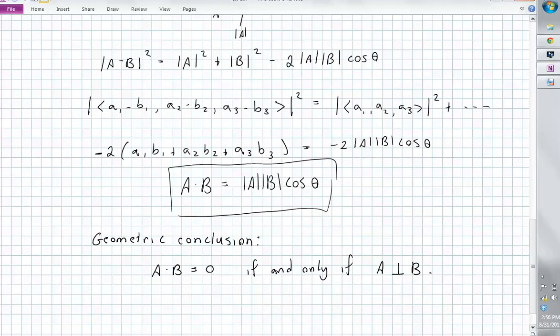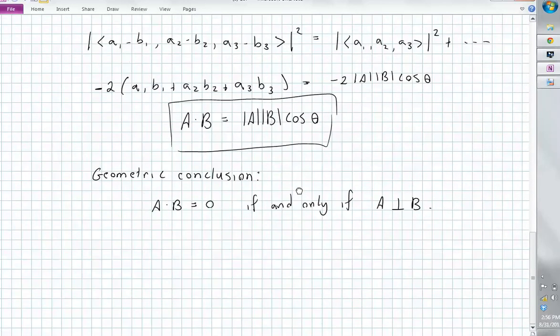What's the cosine of pi over 2? That's where that comes from. So we have this really quick and simple measure to tell us whether two vectors in three-dimensional space are perpendicular. And we'll come back to this and we'll see it in action, but this is why the dot product is interesting to us. Well, one of the reasons why.